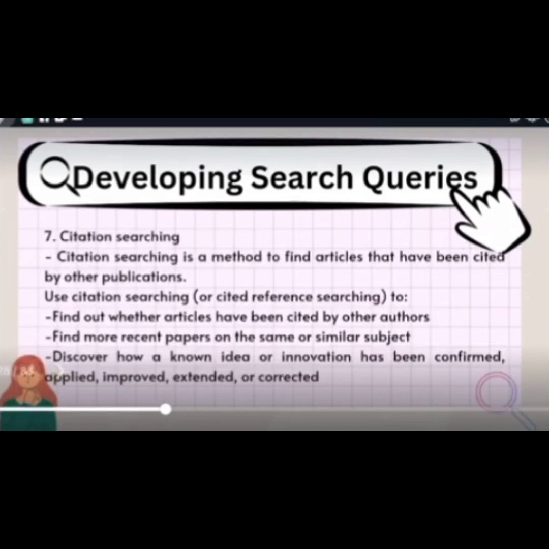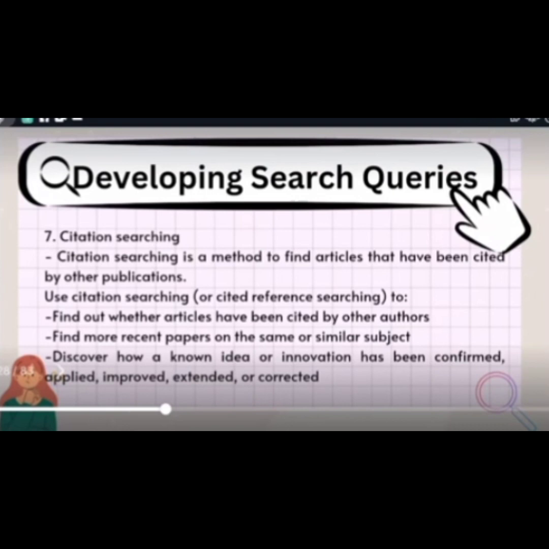Here we have citation searching. This is a method of finding articles that have been cited by other publications.